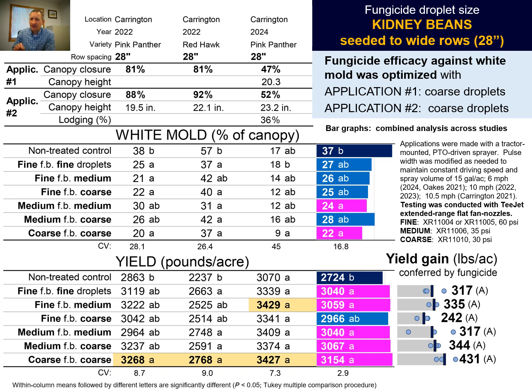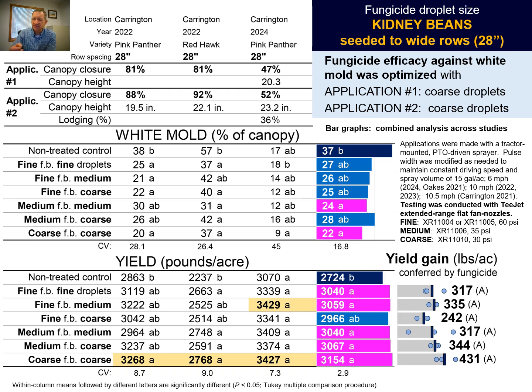Now let's step back and think about this. These results make sense. When we seed to wide rows, we have very tight spacing of the kidney bean plants within the row, unless you drastically drop your seeding rate. In this case, we seeded at 90,000 viable seeds an acre, and we had very tight spacing of the plants within the row.